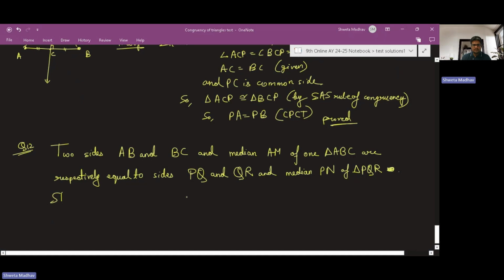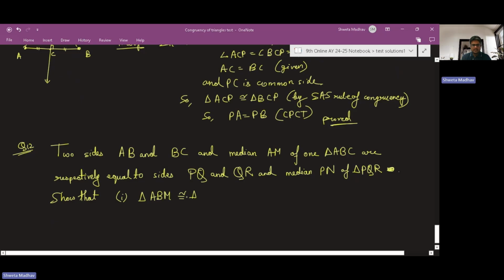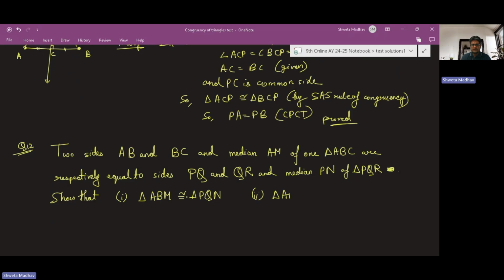Then you have to show that, first part, triangle ABM is congruent to triangle PQN. Second part, triangle ABC is congruent to triangle PQR. So these two have to be shown.